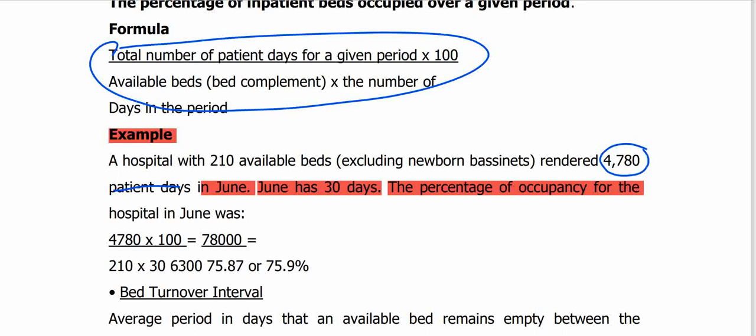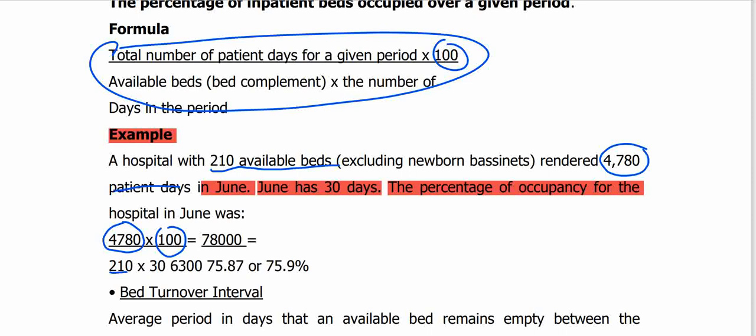So we write that one here. And we say it is multiplied by what? By 100. So we have 100 here. And then divided by available beds. How many beds do we have? The available hospital beds, there are 210.